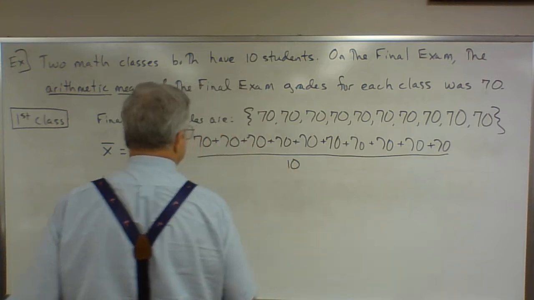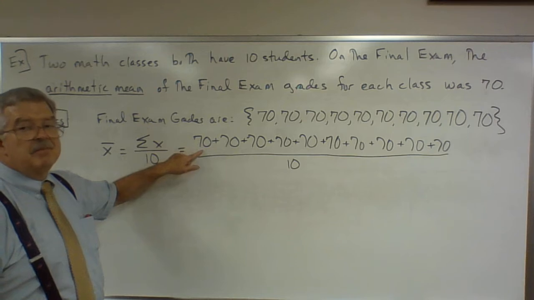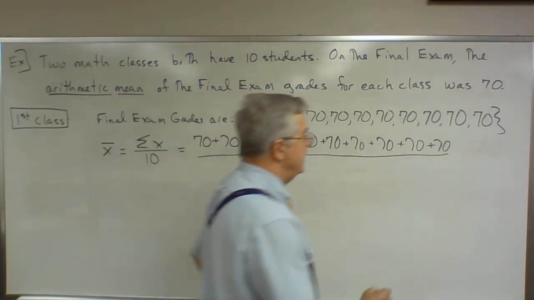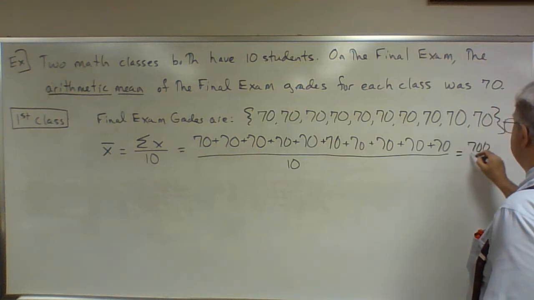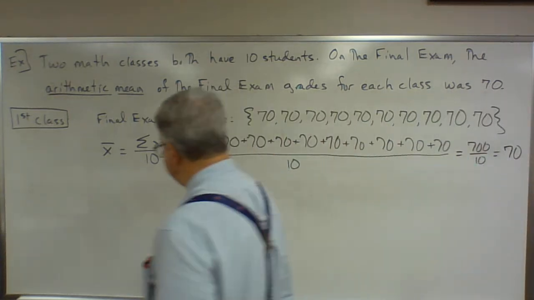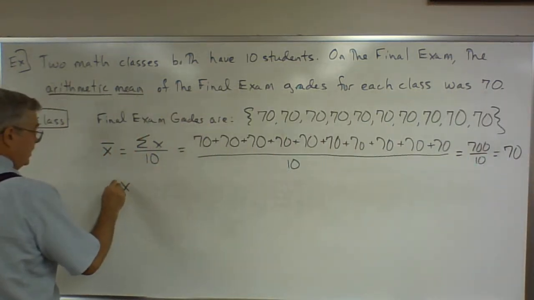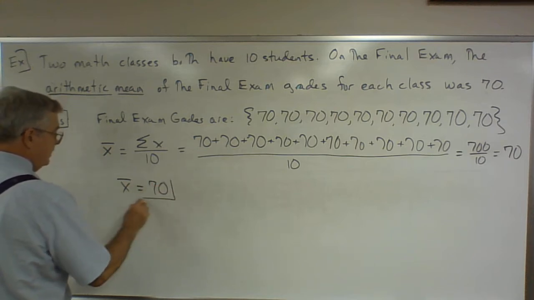All over 10. We take 10 of these 70s and add them up. That's 10 times 70. That's 700. Divided by 10 is 70. The arithmetic mean is 70.